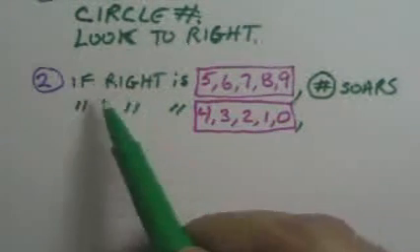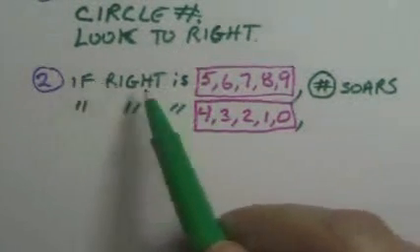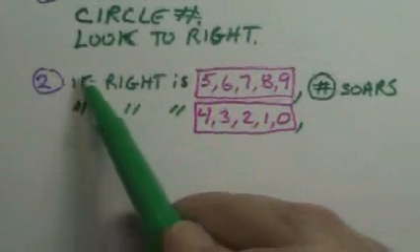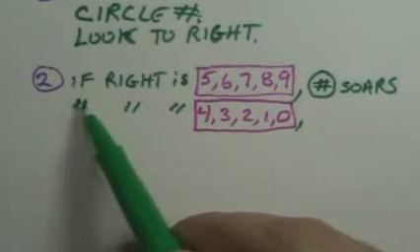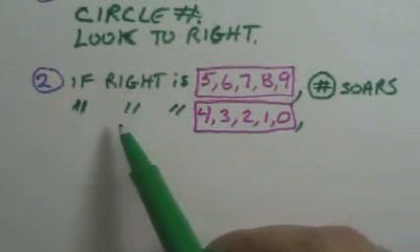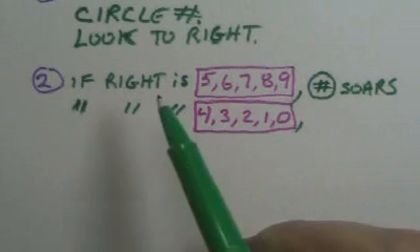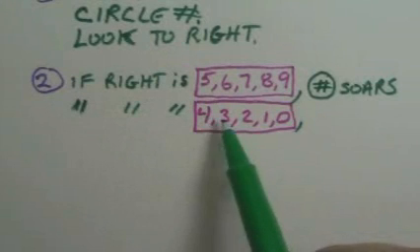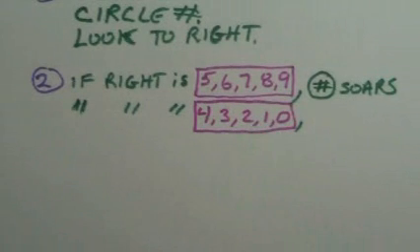Okay, now here's a shortcut for taking notes. Instead of writing this all over again, we use the ditto marks. This ditto mark means the same thing as above. See those little ditto marks, two little hash marks? So if right is, and I'm going to put 4, 3, 2, 1, 0.